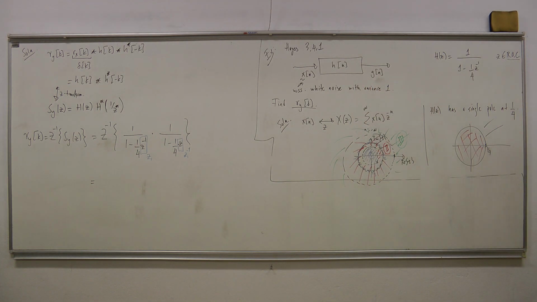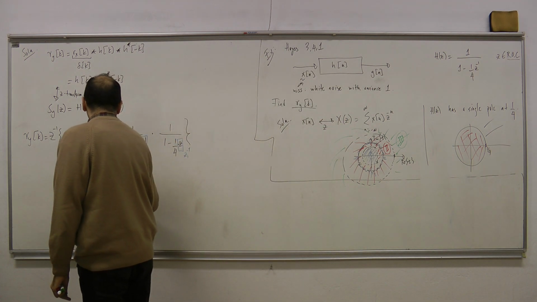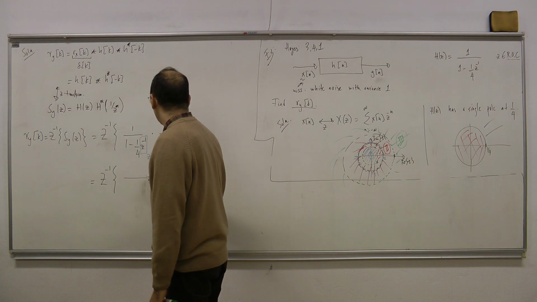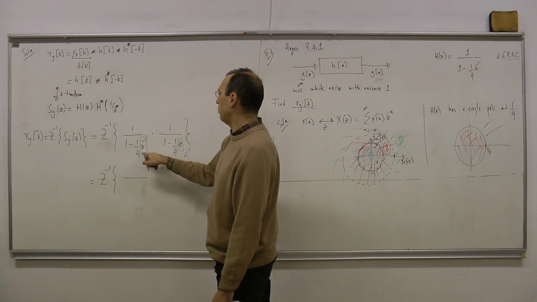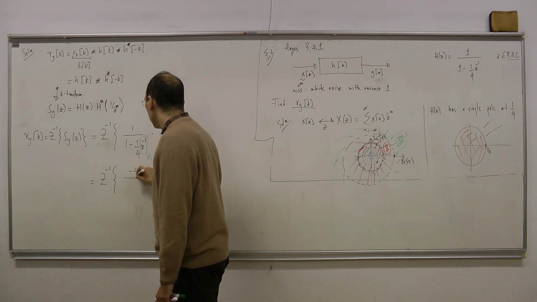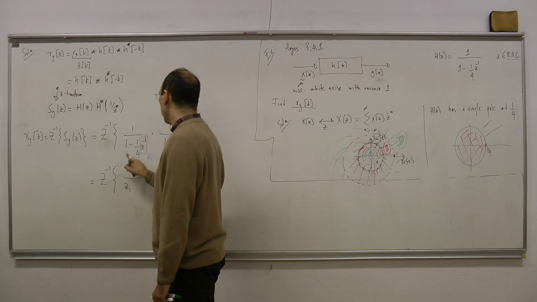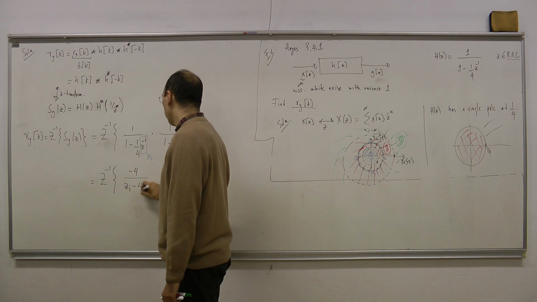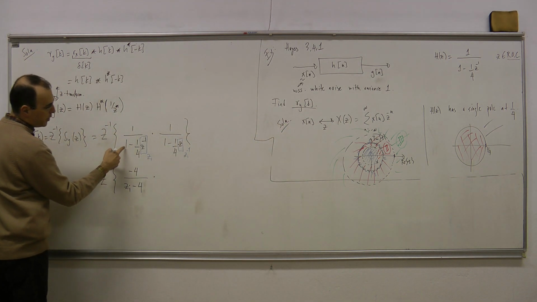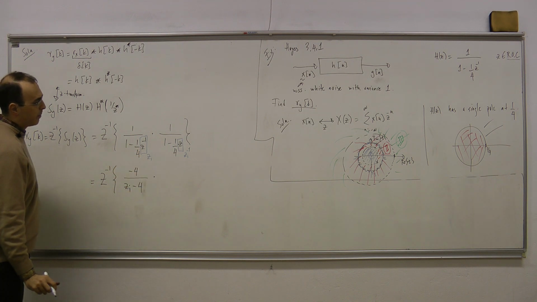So I want to do partial fraction expansions with z inverse as the variable. If I multiply numerator by minus 4, then denominator by minus 4, I get this. Is this correct? Minus 4 is there. Minus 4 times 1 is this. Minus 4 z inverse.